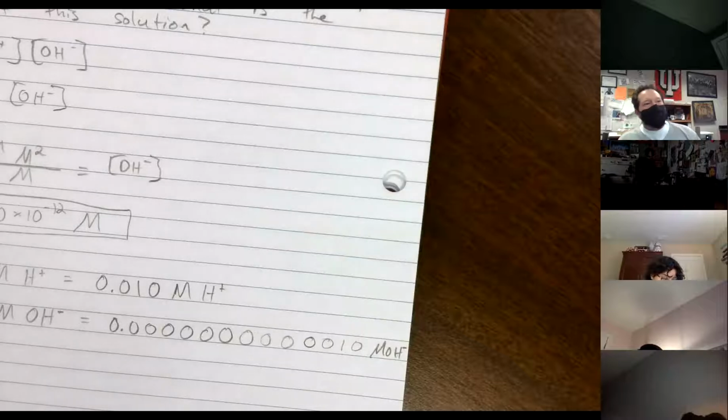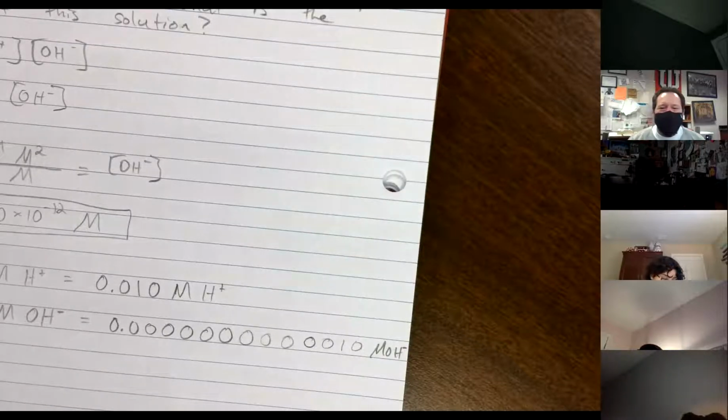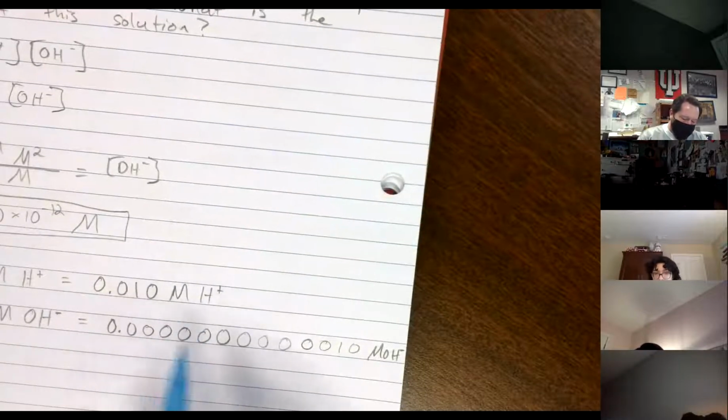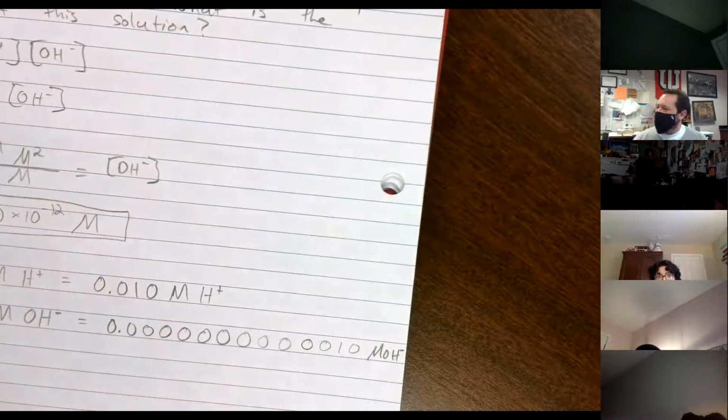Hey, now it's sometimes easier to see. I know a lot of times you guys don't like the negative exponents, but which of these two numbers is larger? The H plus concentration or the hydroxide ion concentration? Yeah, our H plus is way bigger than our OH negative, way bigger.